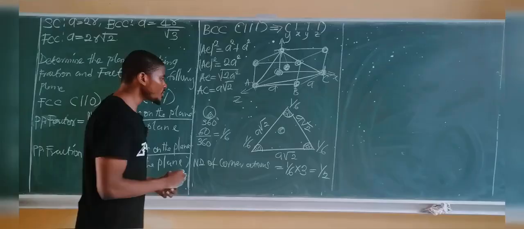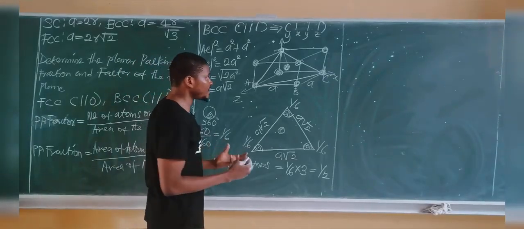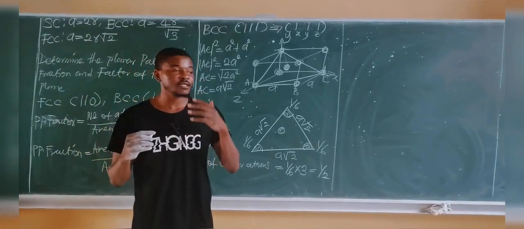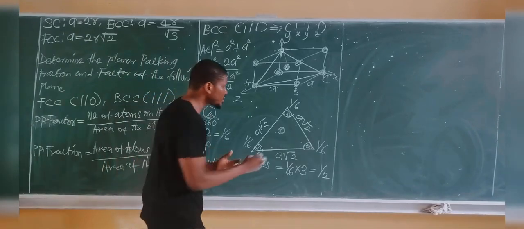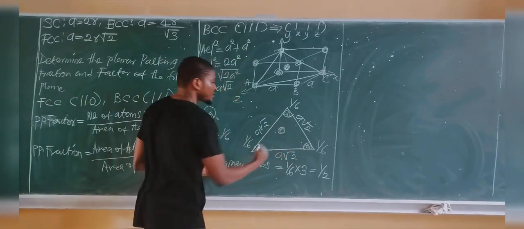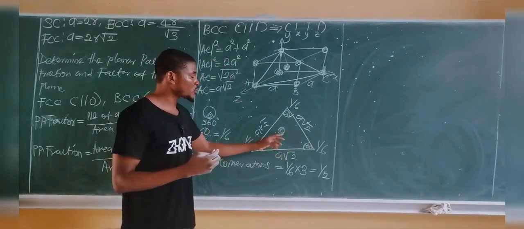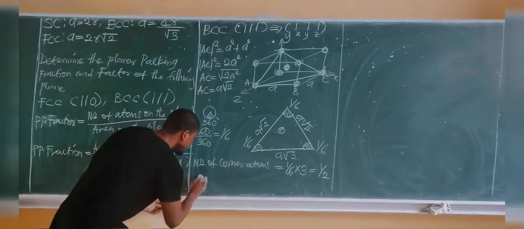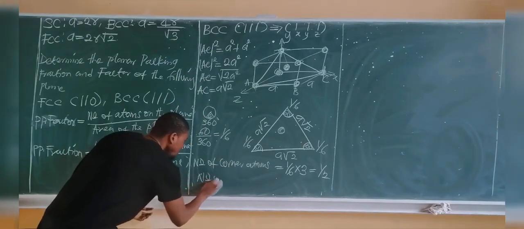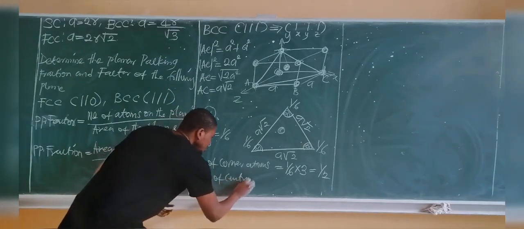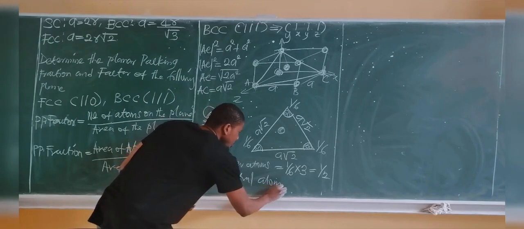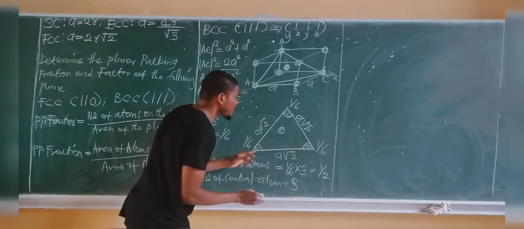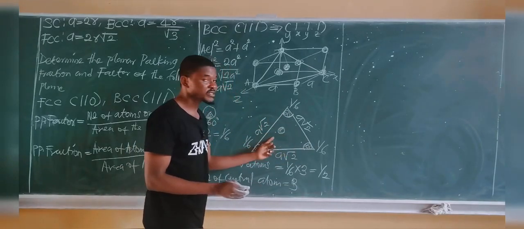But it doesn't end there. Like I said earlier, in the body centered cubic, we have all the atoms sharing from where? The central atom. So these three atoms are sharing from this central atom, and that means this atom cannot give out completely its size. They are all sharing. Therefore, the number of central atoms becomes 3, because we have 3 corner atoms which are sharing from this central atom.